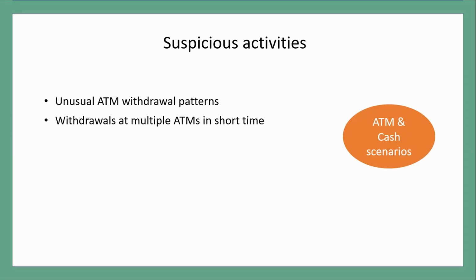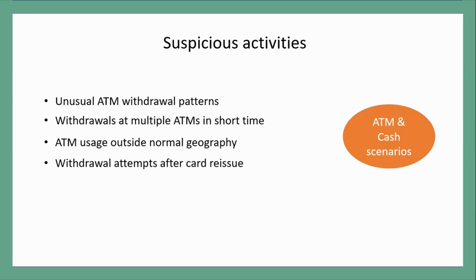Or withdrawal is happening at multiple ATMs in a very short period of time. So if a genuine customer is there, then he or she will try to withdraw from the same ATM. Or if ATM usage outside normal geography. So you are staying in Bombay and all the time you have been withdrawing money somewhere in Bombay, and suddenly there is a ATM withdrawal happens in some remote place of Bihar, then it becomes suspicious activity.